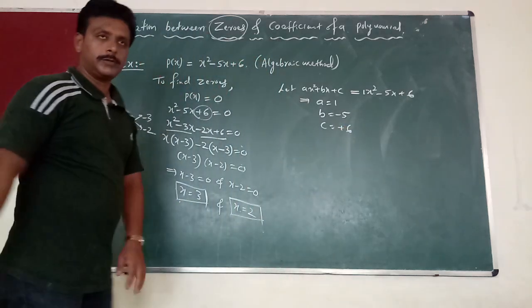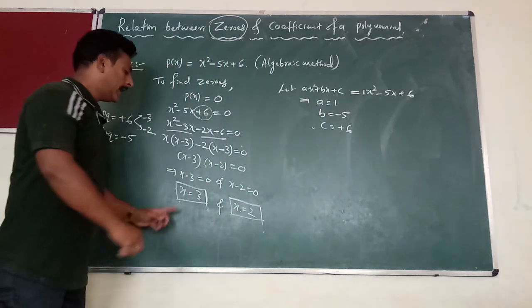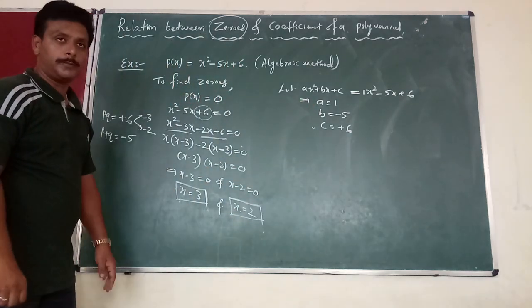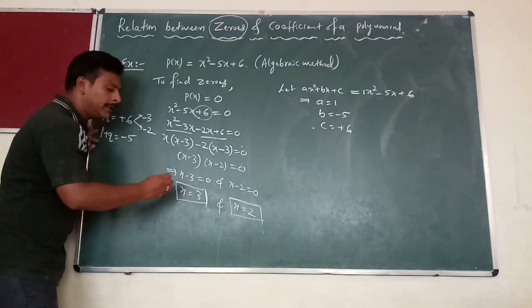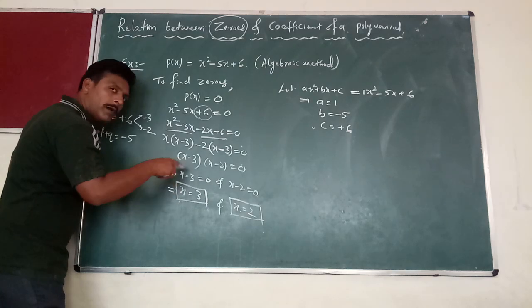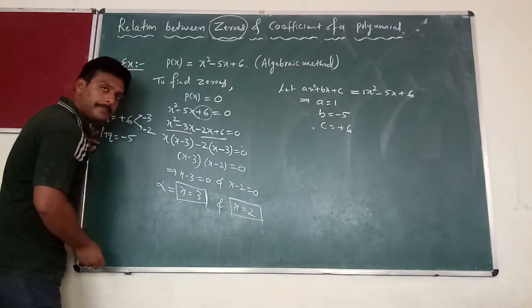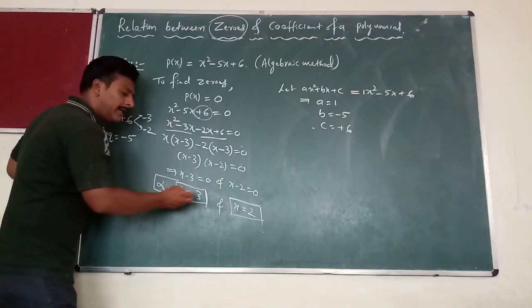These values we found are called the coefficients of the polynomial, and these two are the zeros of the polynomial. As both are denoted by x, I am going to take some other symbol for this. I am taking one zero as alpha, because this is also x, this is also x.